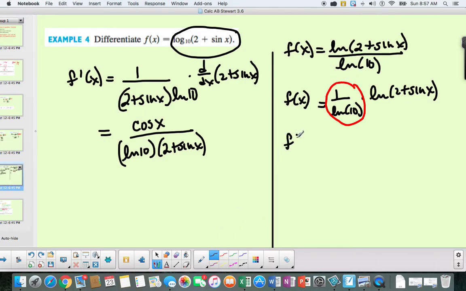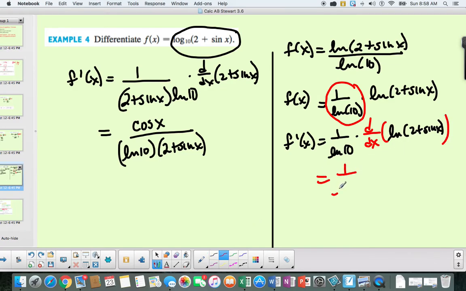So I want to find the derivative, and this constant, natural log of 10, is not going to change, but I will be taking the derivative of the natural log of 2 plus sine of x here. So the answer will be 1 over natural log of 10 times 1 over the argument 2 plus sine of x times the cosine of x. And I think you see it matches what I have over here.